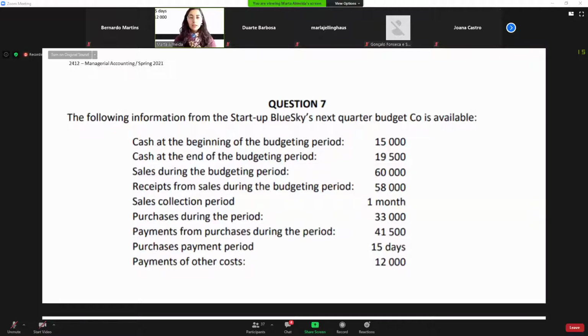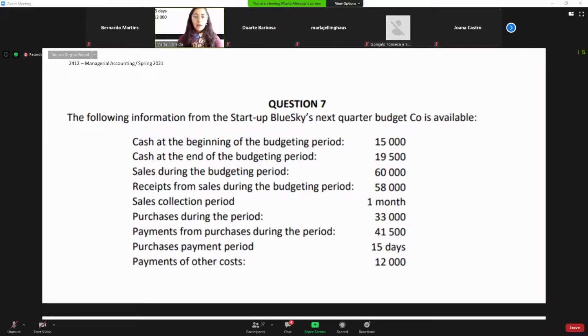So for this, we need to understand the information that is provided and also the mechanics of the financial statements, which I expect everyone to be comfortable with because you had financial accounting before.